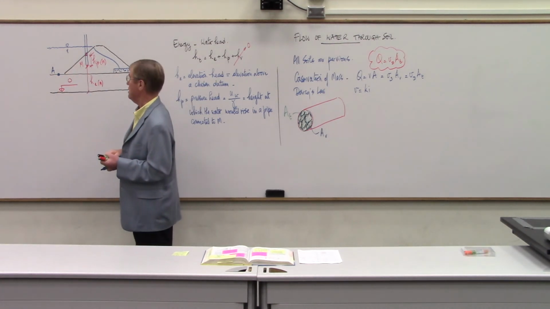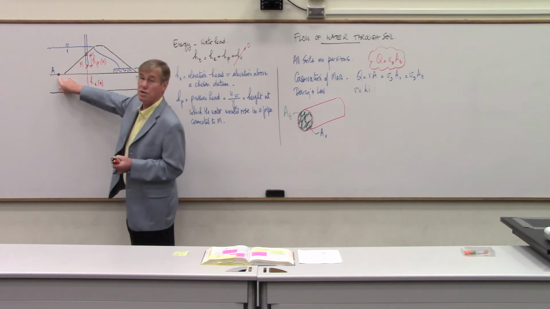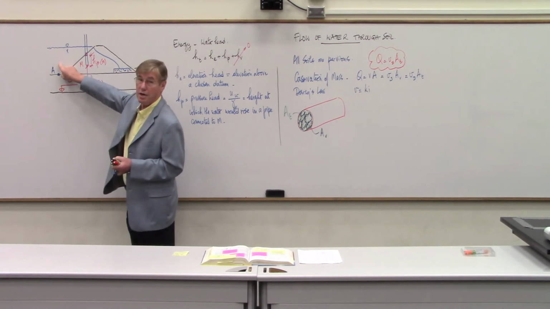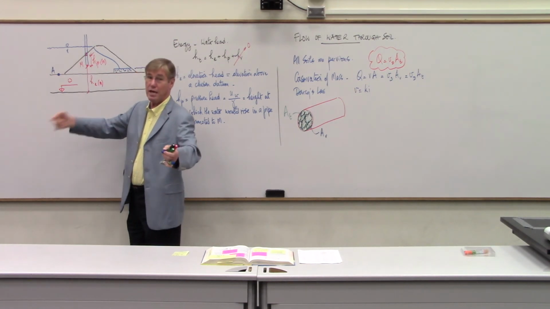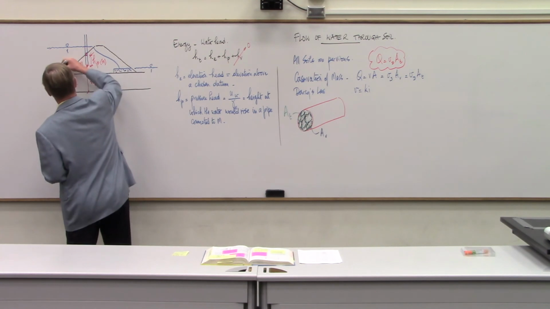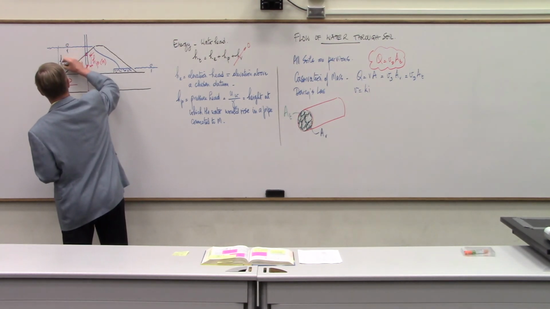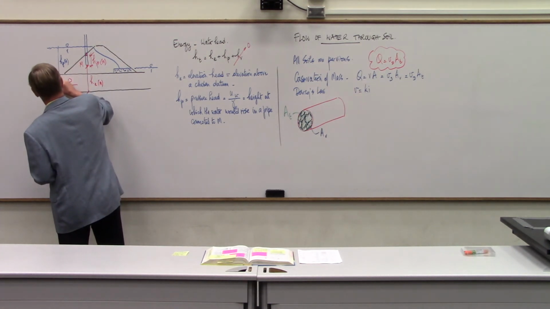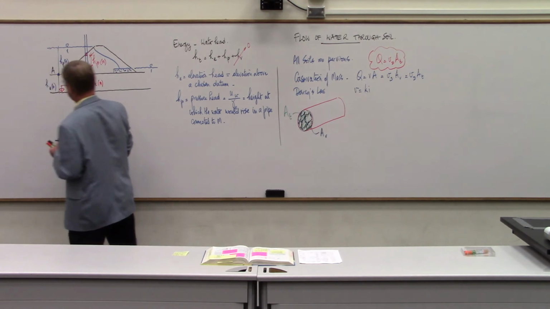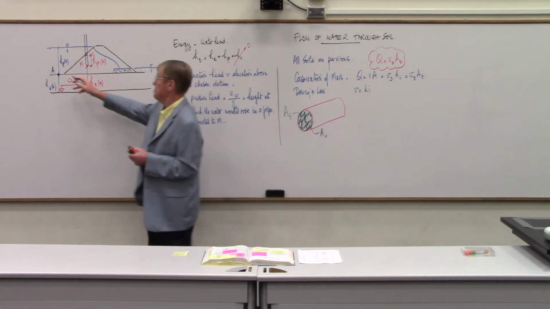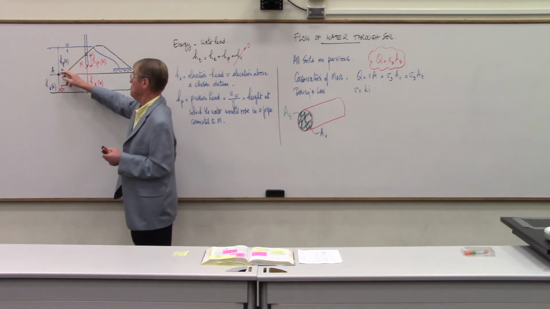That's the elevation head at A. What is the pressure head at A? Because the water is there, and the water is not moving, it's a big lake like behind the Hoover Dam, then this would be the pressure head at A, and this would be the elevation head at A. Okay? And that's to the water level because the water is not moving here.